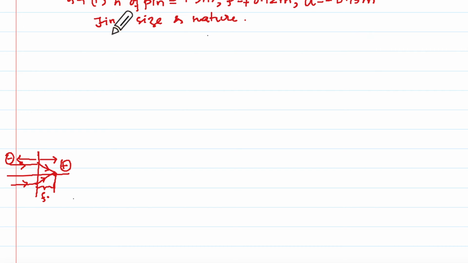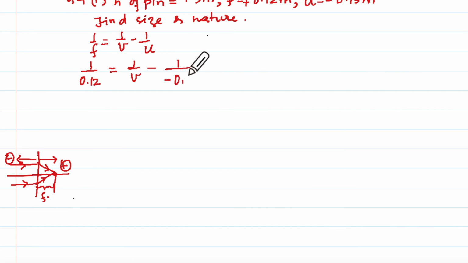1 upon F equal to 1 upon V minus 1 upon U. So 1 upon F will be 1 upon 0.12 is equal to 1 upon V minus 1 upon minus 0.15.